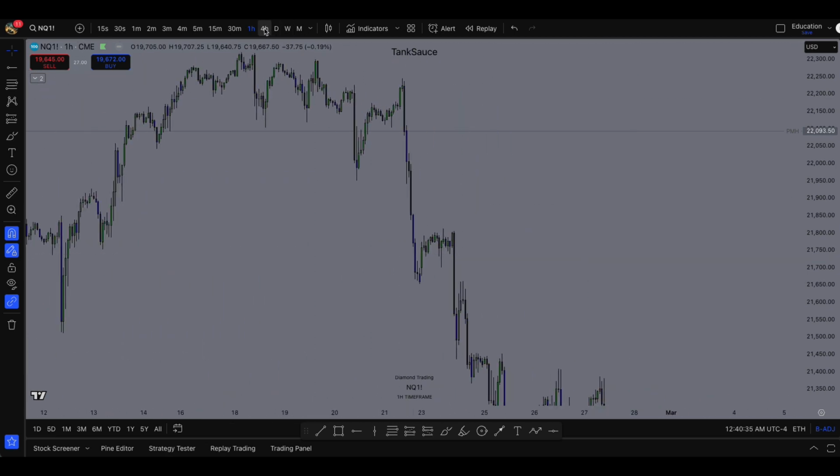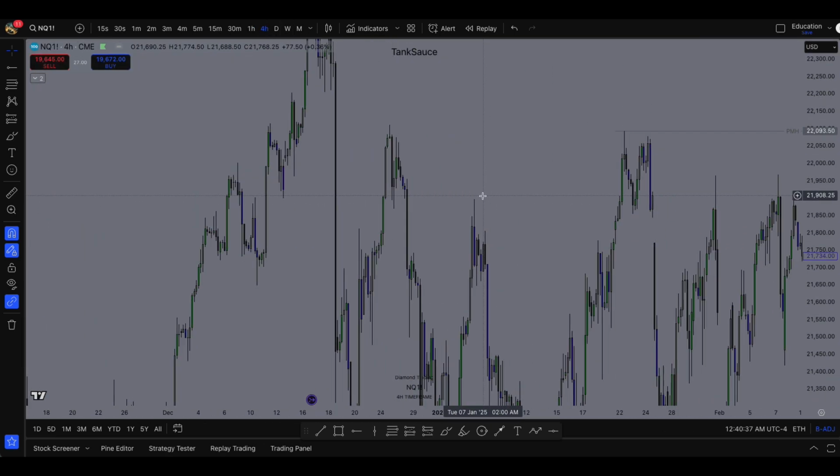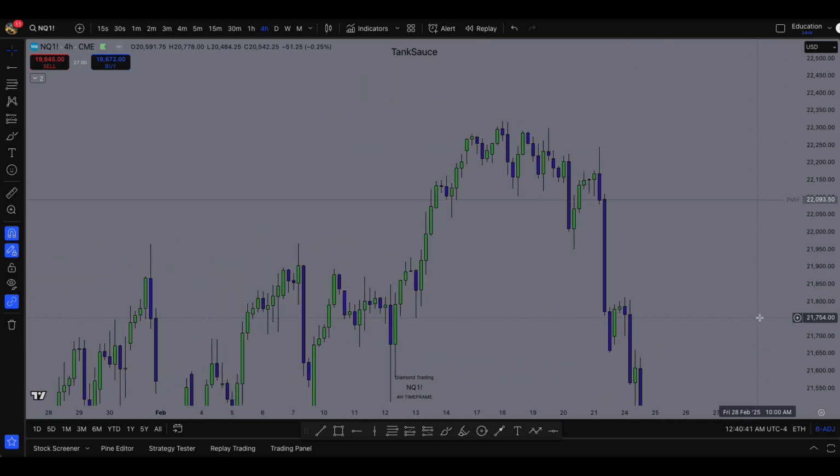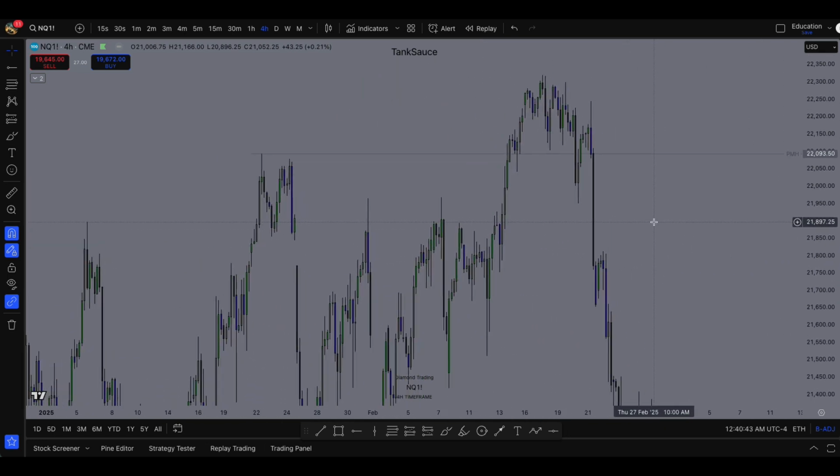Actually, you could probably do it on the 4-hour chart for time frame alignment, which we didn't go over. So here you can see when the previous month high gets run, right? We did stay above it for a little bit. This is a couple days of price action.